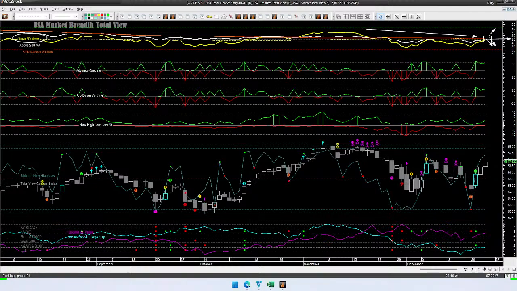Where is 3-month new high low? It is in the upper half, well above 50% level. That is bullish. Is it at the extreme upper level? Not yet. If it goes up a little bit, I will look for a tilting down. That happens every time.